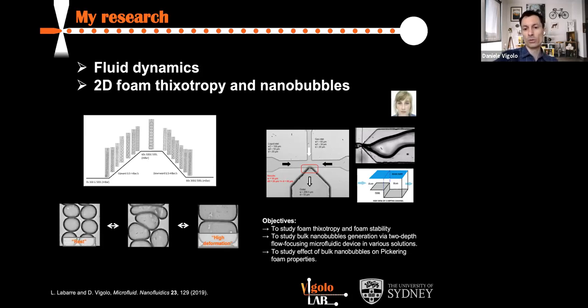We also investigated ultra-stable nanobubbles, which are a fascinating topic on their own. They are such small bubbles that they can be stable for weeks, potentially for months or longer, and they can be used to stabilize or destabilize foams, but also other products.